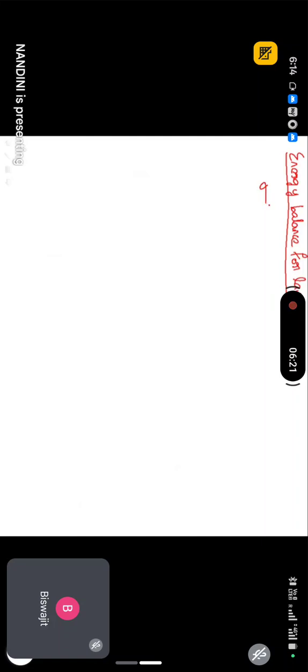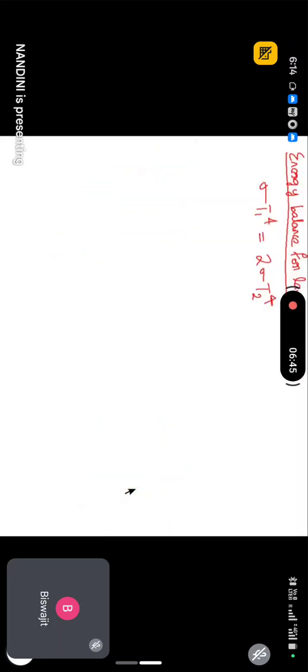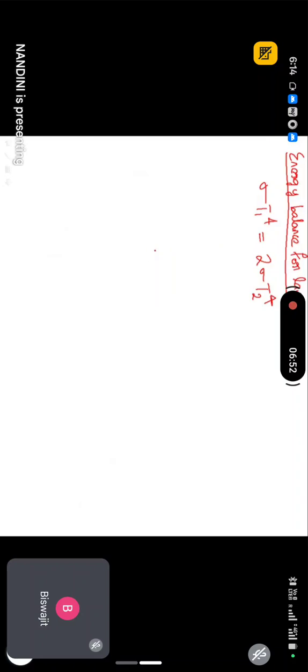In case of the second layer, we can write sigma T1 raised to 4, which is the incoming radiation, is equal to 2 sigma T2 raised to 4. Correct? The radiation incoming to the second layer is sigma T1 raised to 4, and layer 2 absorbs this radiation and re-emits in both directions, sigma T2 raised to 4 upwards and sigma T2 raised to 4 downward. So this is the energy balance for layer 2. From this, we can write the relationship between T1 and T2.